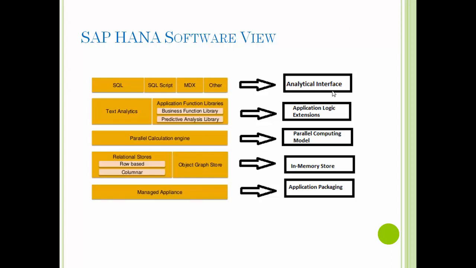This analytical interface layer offers different client interfaces possible to connect to SAP HANA, like for example, you can name SQL, SQL script, MDX, REST, and many others for different source types.